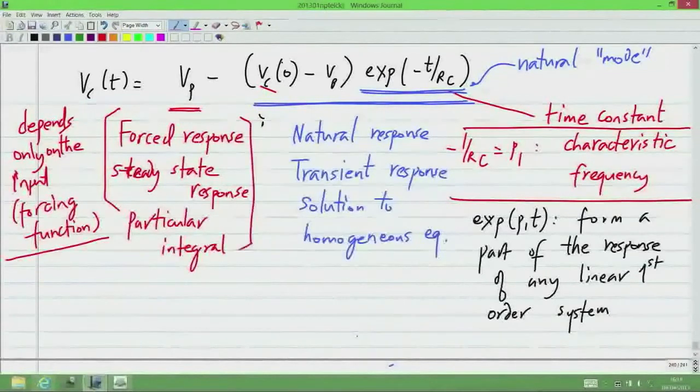Okay, so these all mean the same thing. Okay, this is a general property of all linear systems, and of course we are now looking at a first order RC circuit.